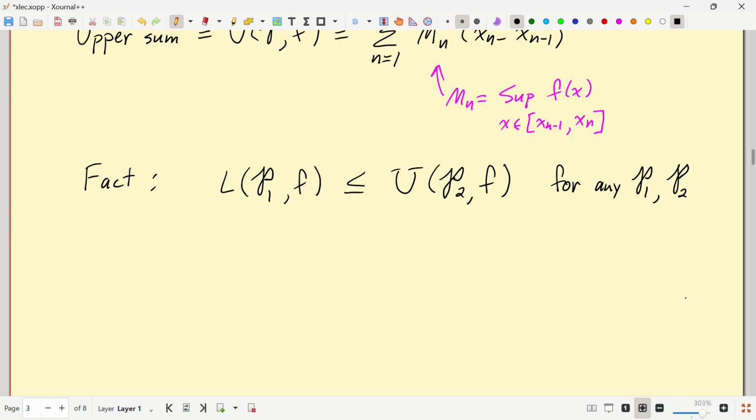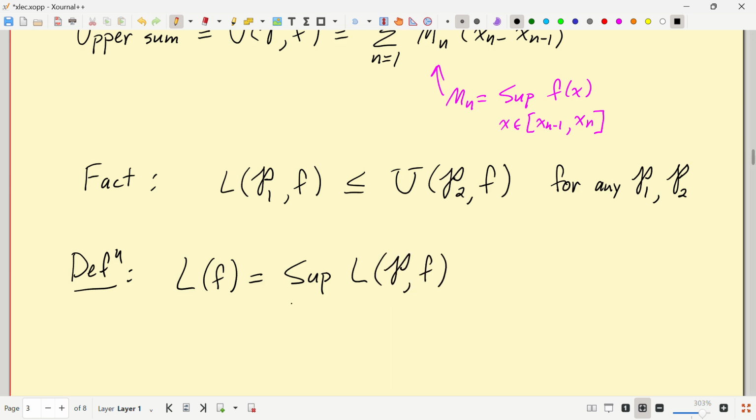Okay, so let's define L of f to be the sup of those L(P, f) for partitions P. So I'm taking the sup over all P. They're bounded from above by that easy fact.